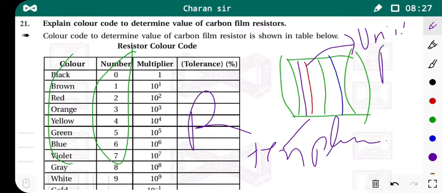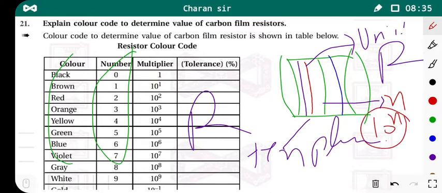The third band we assign as n, so we take 10 raised to n, and this is the multiplier for the first and second band numbers. The fourth band gives the tolerance, how much variation can arise in the value calculated from this color code. We will take one example so you can easily understand.